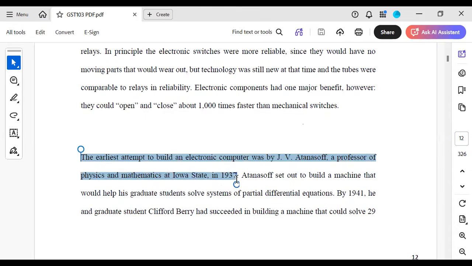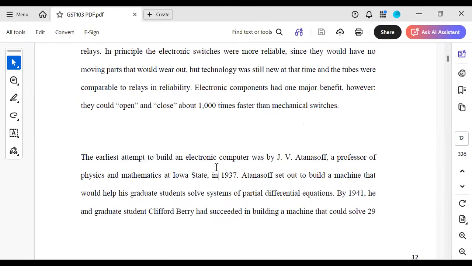They normally cut out the name of this man, Atanasoff, and sometimes they cut out 1937. So you should not play with this statement. It's very important. If you can cram it, cram it. When we are talking about the electronic computer, it was started by this man, and he made that attempt in 1937.